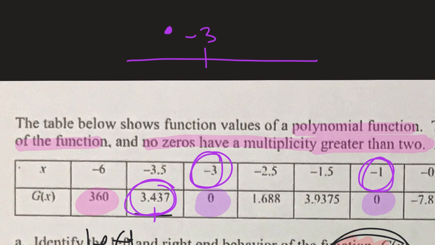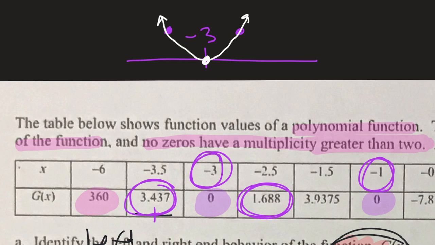And on the right side at -2.5, we have a y value that's positive. Okay, and since we have a positive on the left and a positive on the right, that must mean that our graph would have bounced there, right? If we have a positive on one side and a positive on the other, but there's a 0 in the middle, that means the graph bounced at -3.